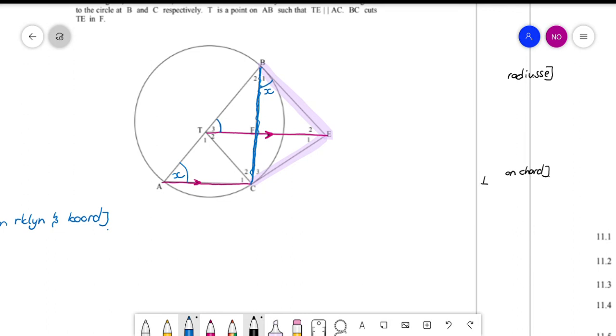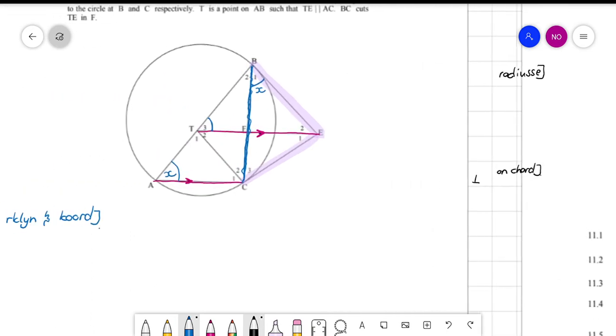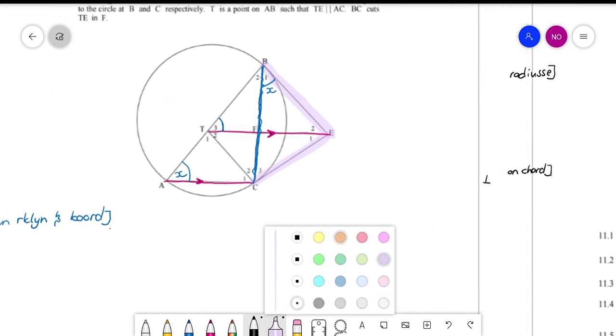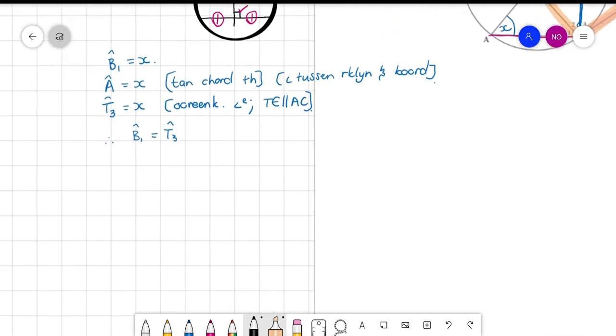Okay, TBEC. Okay, I have to prove that that is a cyclic quad. Now, I want to quickly pause this here and show you how we prove cyclic quads.